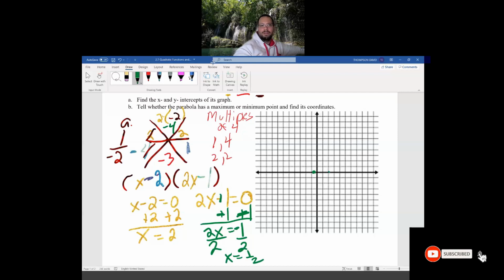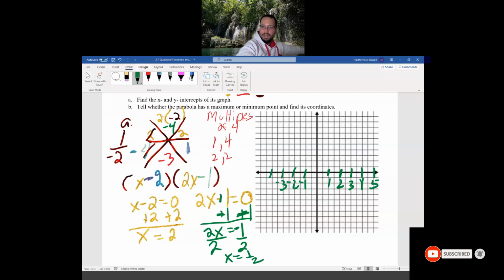So each of these will count as 1. Let's label this 1, 2, 3, 4, 5, and so on. In the other direction, negative 1, negative 2, negative 3, negative 4, and negative 5. So 1 half would be right here, 2 would be right here.